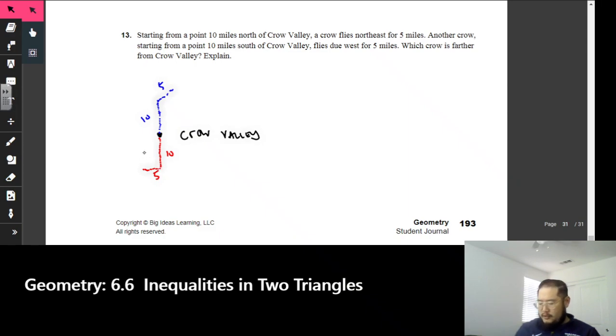Okay, so then it says which crow flew further. So let's think about right here. When we talk about further, looks like we want to have 2 points or the straightest line to determine the distance.